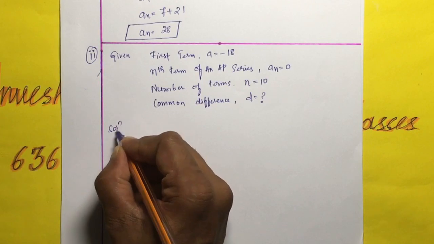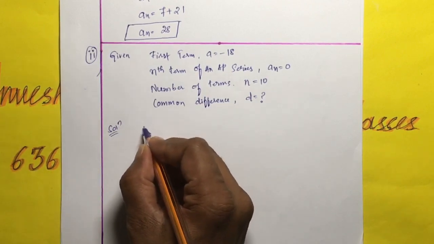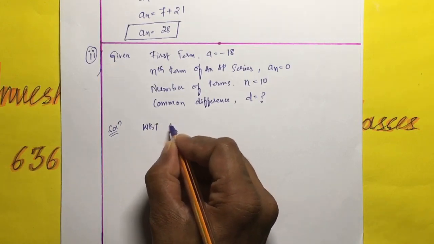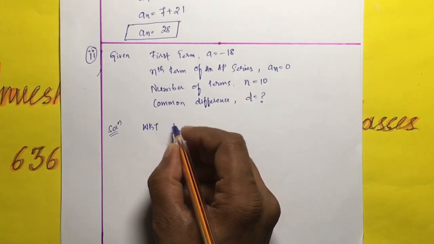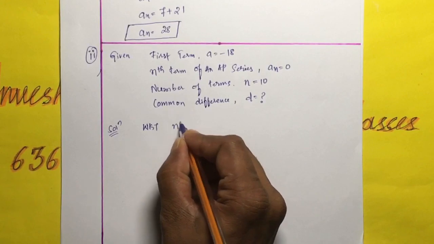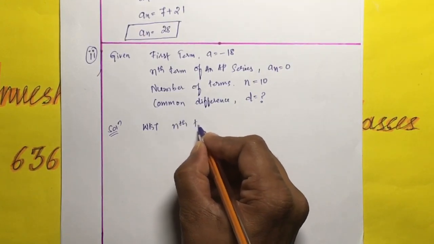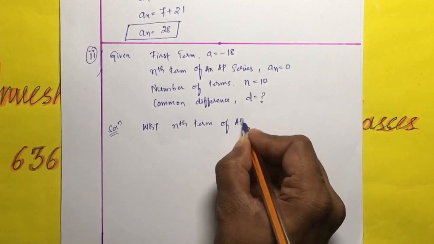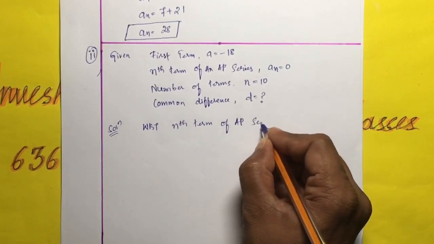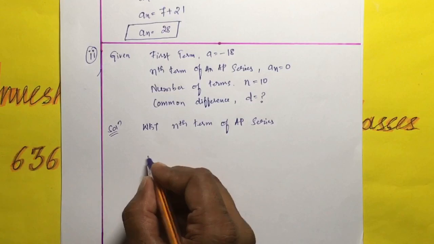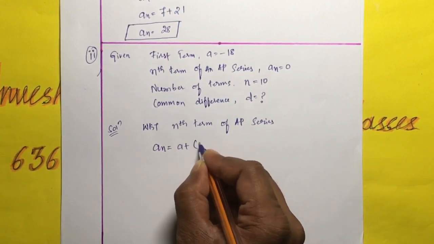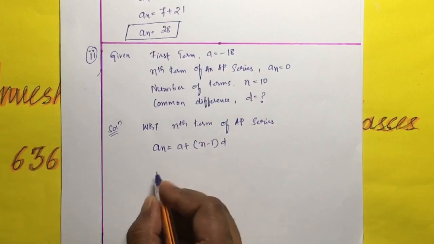Solution: we know that the nth term of an AP series an is equal to a plus n minus 1 into d.